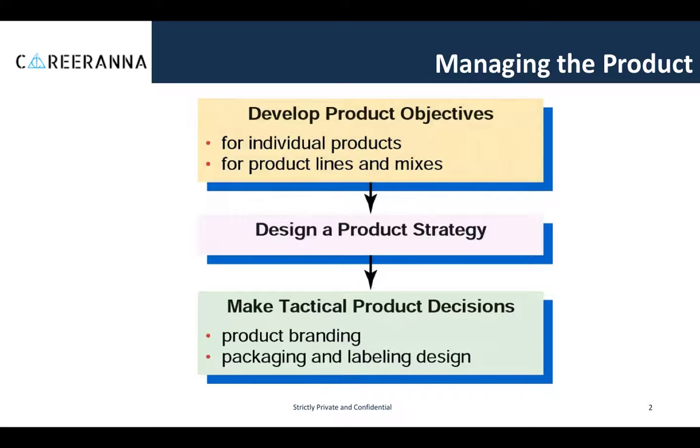And all these three, that is the product strategy, product objective and the tactical product decisions around branding and packaging, get together and become part of the overall spectrum of managing the product.